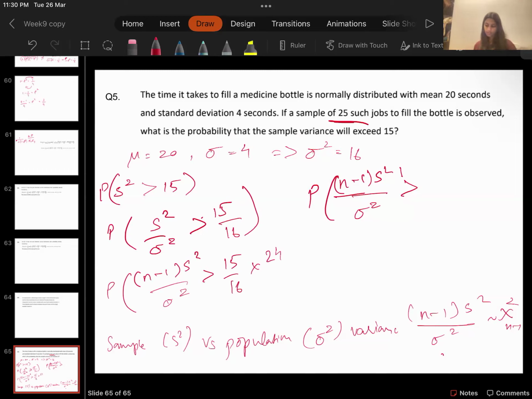So 15 into 24 divided by 16 is 22.5. So basically the probability that n minus 1 S square by sigma square is greater than 22.5.